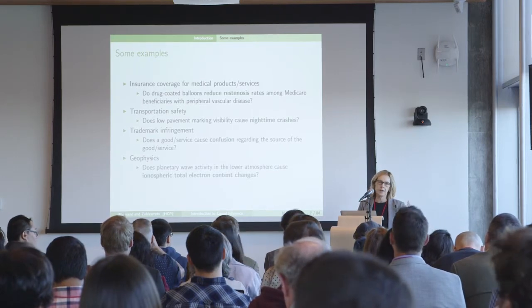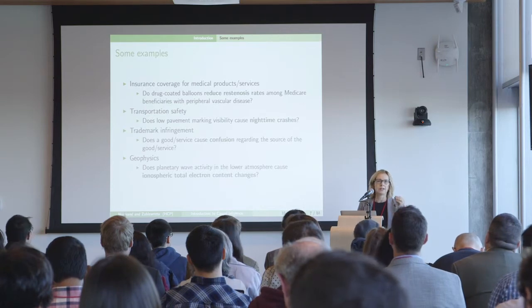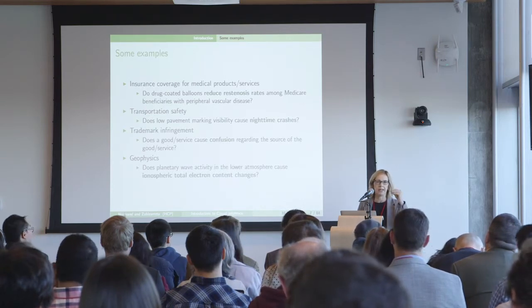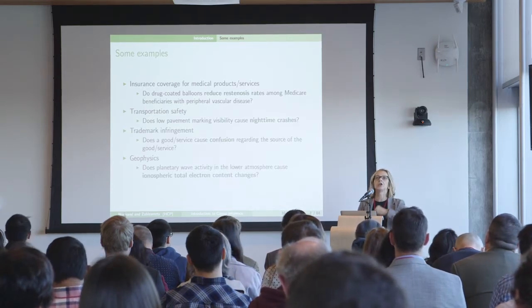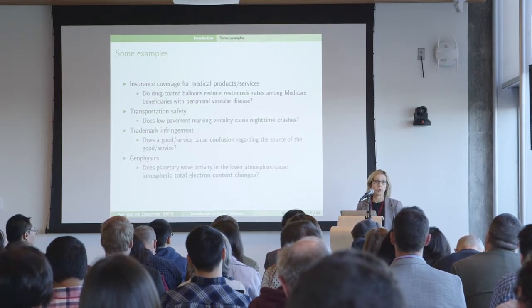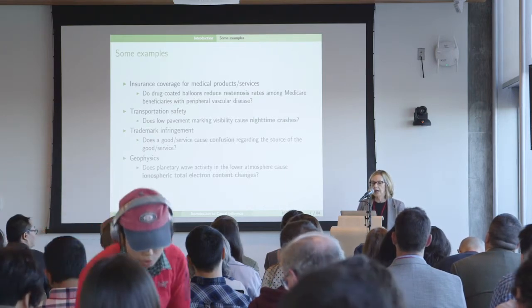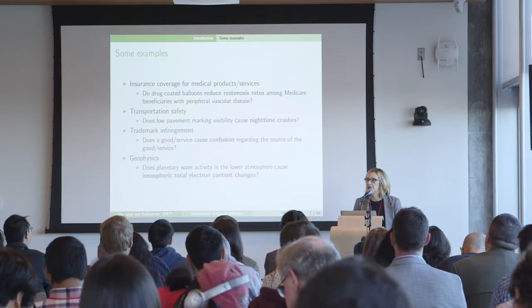There we have a treatment, a drug-coated balloon, which basically squishes away the plaque in your arteries, versus a non-drug-coated balloon. The outcome here is restenosis, and we're looking at a disease-based population.